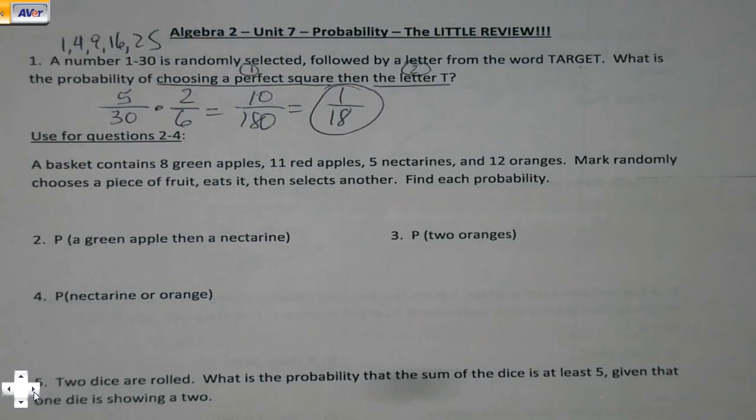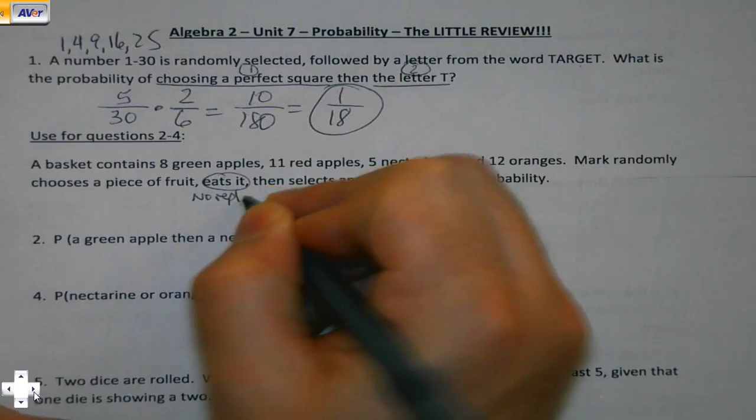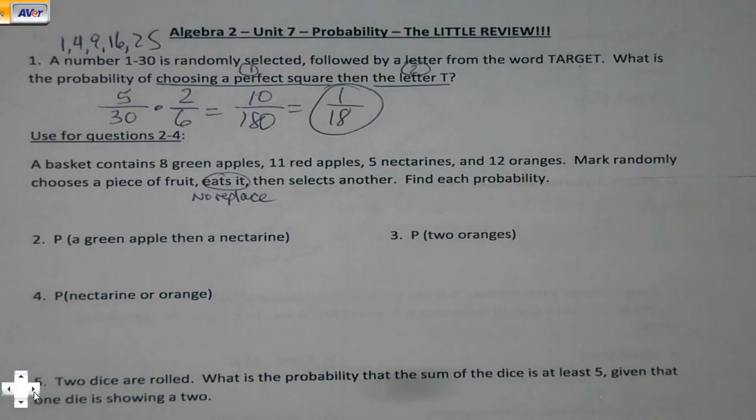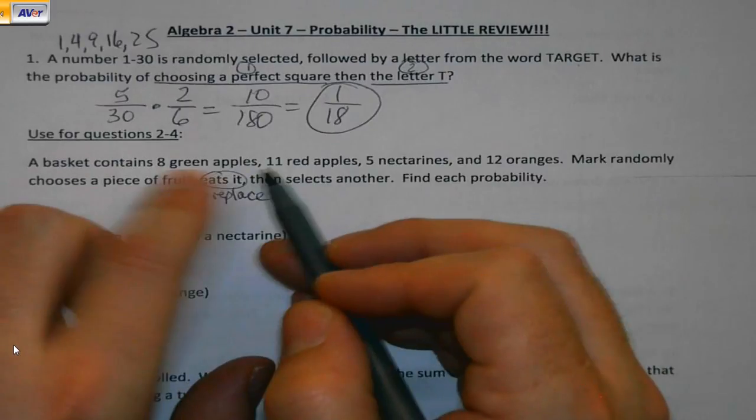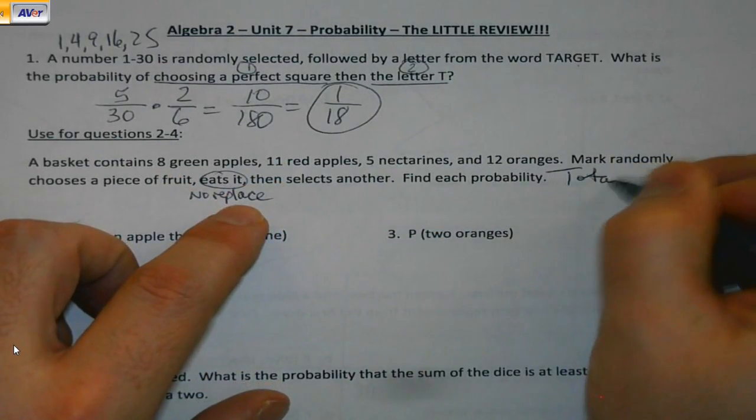So for 2 through 4, we have a basket that contains 8 green apples, 11 red, 5 nectarines, and 12 oranges. Mark randomly chooses a piece of fruit, eats it, which of course then I hope means it's no replacement, because it's going to be kind of gross otherwise. Find each probability. First, our grand total of fruit: 19, 24, total of 36 pieces of fruit.